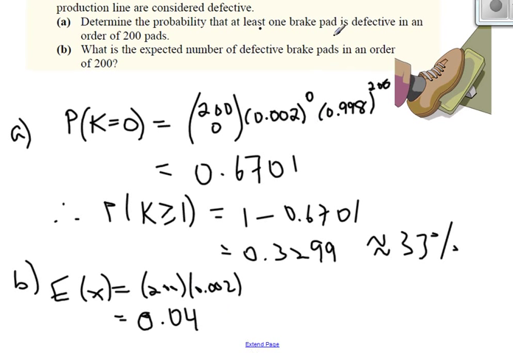Oops, no you wouldn't, sorry. Just a second. I'm not reading my calculator very well. You should get 0.4. So not even 1 is expected to be defective in a group of 200. And that makes sense because we know that more than half the time we don't have a defective brake pad. So make sure that your answers sort of align with each other.